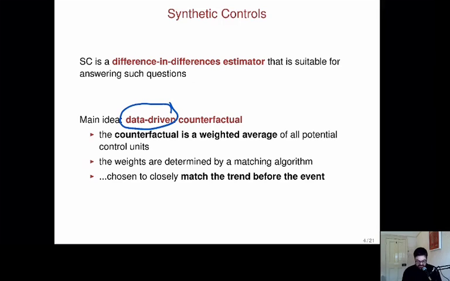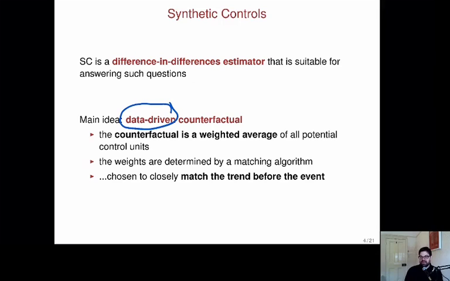So the idea here is that we get this data-driven counterfactual by choosing, first of all, a large number of potential control units. So if we look at the change in one country, then we have a lot of other countries that would be potential control units.